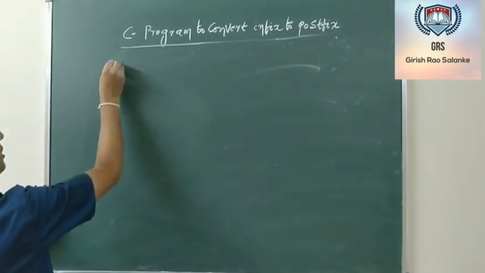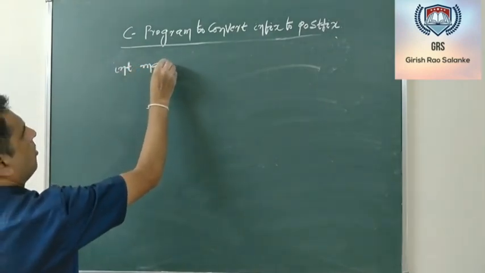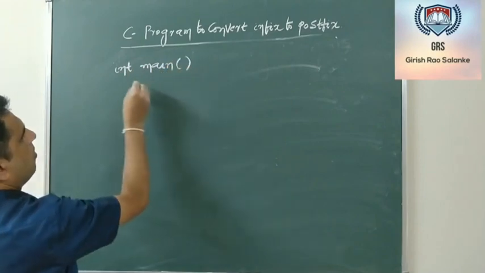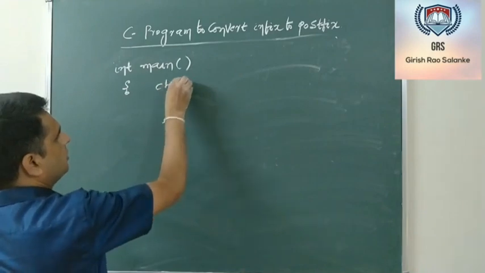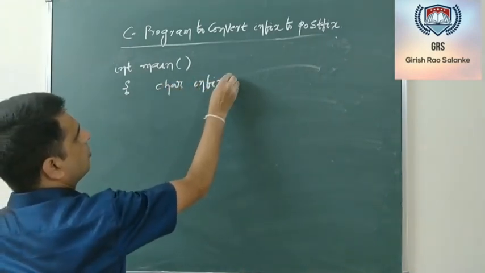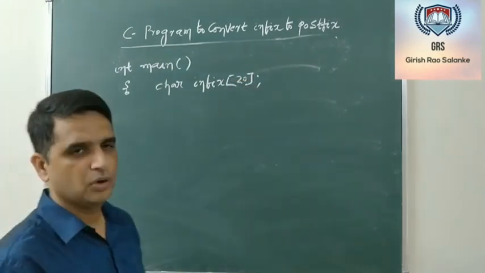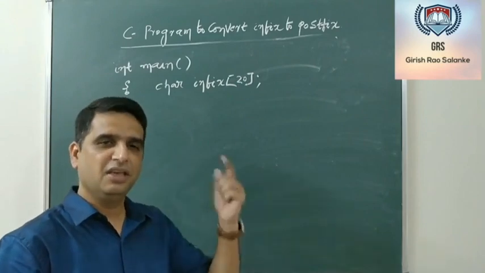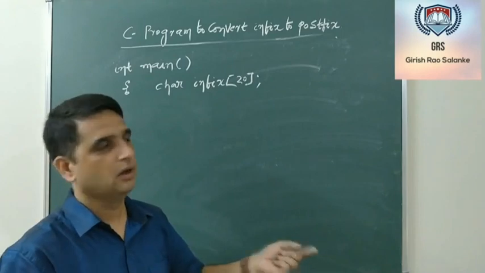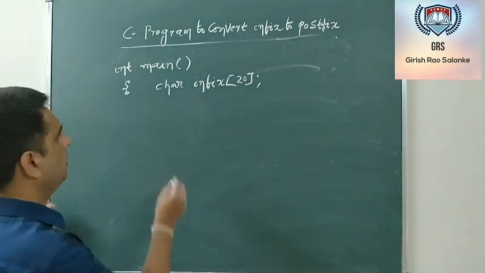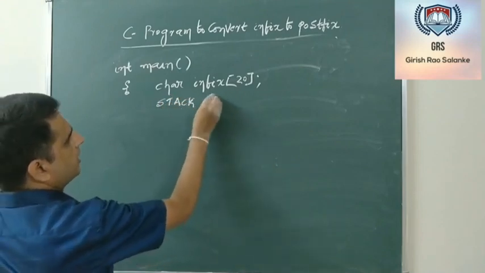So have your main function here. Input is the infix expression, char infix of size 20. No need to declare the variable to hold the postfix expression, because the postfix expression is a part of your infix to postfix function. We are declaring the variable there and displaying it there. Now we need to declare a variable of the data type STACK, s.